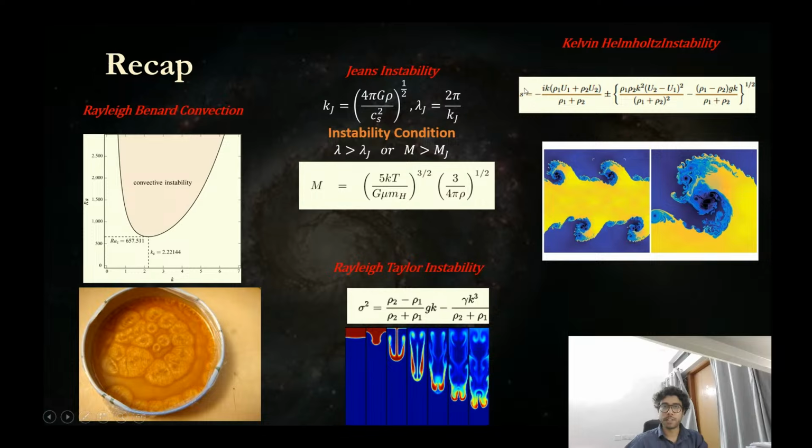And in a similar way, we can represent this as the dispersion relation, with the same sigma factor, the coefficient of the time. So this is the S. Again, we discussed all the cases, like what if rho 1 equals rho 2, what if rho 1 is different from rho 2, and what if u2 is greater than u1, or u2 is less than u1.